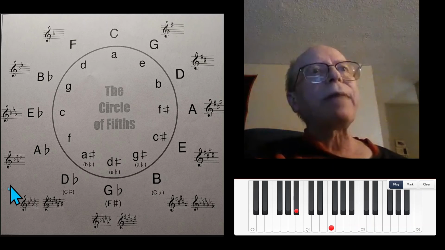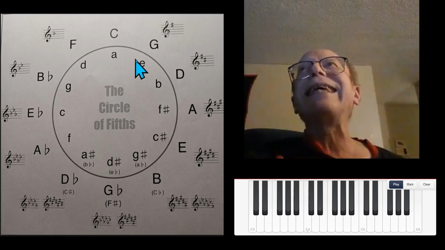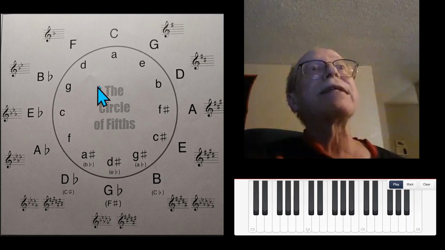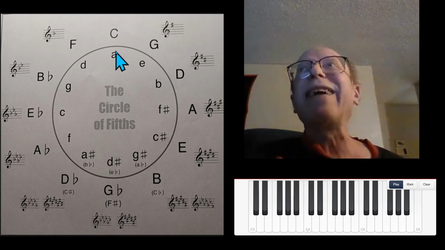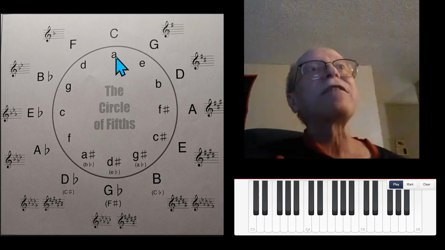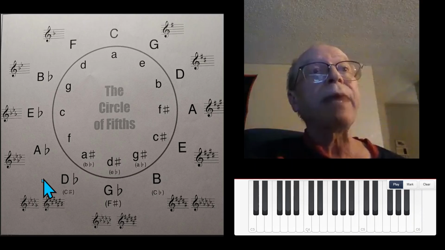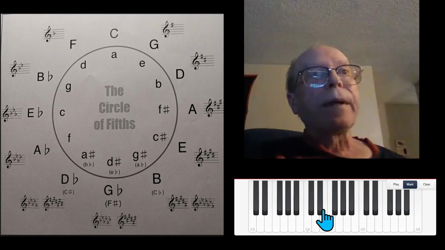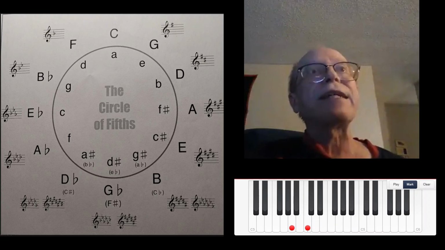The last thing I want to mention about these is, if you notice here, the little letters, remember in the lessons on major and minor, major is capital, minor is the small letter. And remember, your major key, your C major key, for example, if you go down 3 semitones, you will find your relative minor, which is A minor.